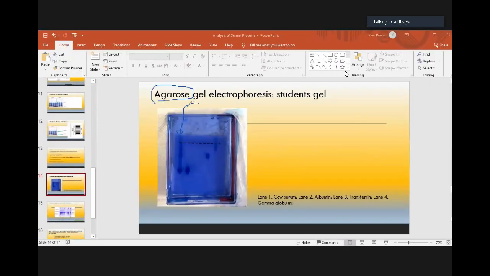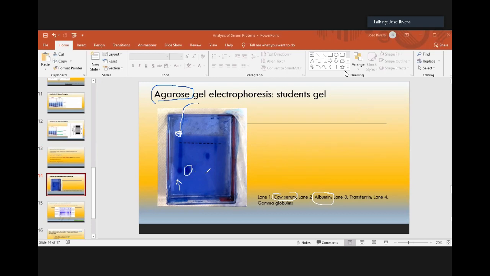Just for comparison, this is cow serum here, serum from cow, and then I asked them to load albumin. We have albumin in the lab, so just purified albumin. So as you can see here, this is albumin.